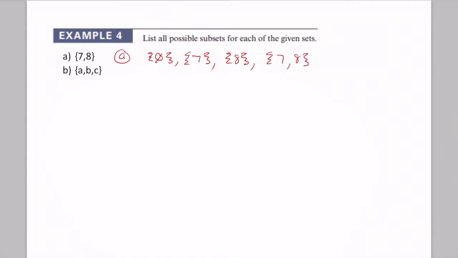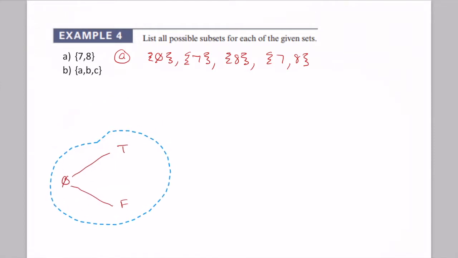So we can use what is known as trees. So we always start at the empty set. And let's put this as T for true, F for false. So let's put this a little bit lower.